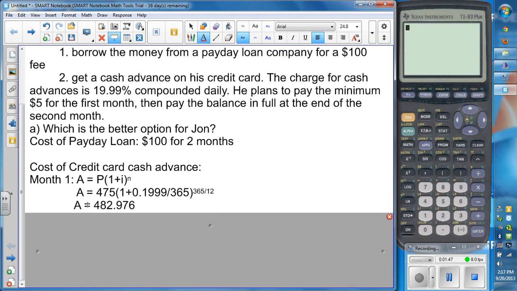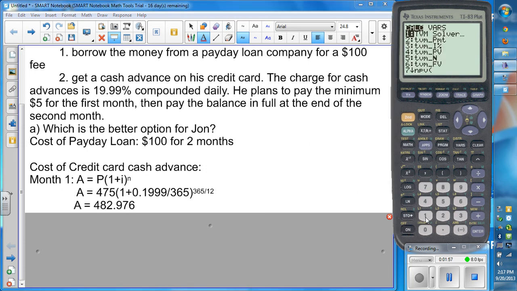And that, if you punch it into your calculator, works out to 482.976. But we can also use our TI calculator to do this for us. So if we go into Apps, Finance, TVM Solver, the number of months is 1, the interest rate is 19.99%, our present value is $475.